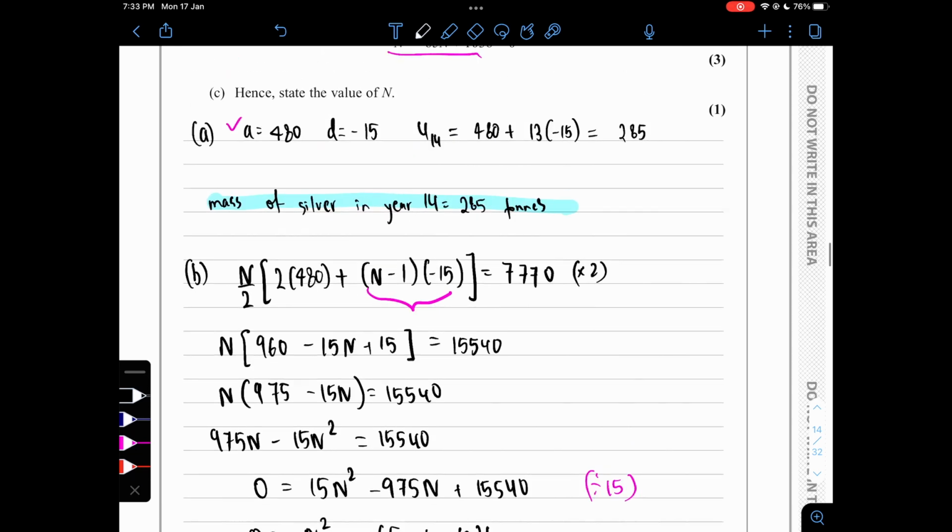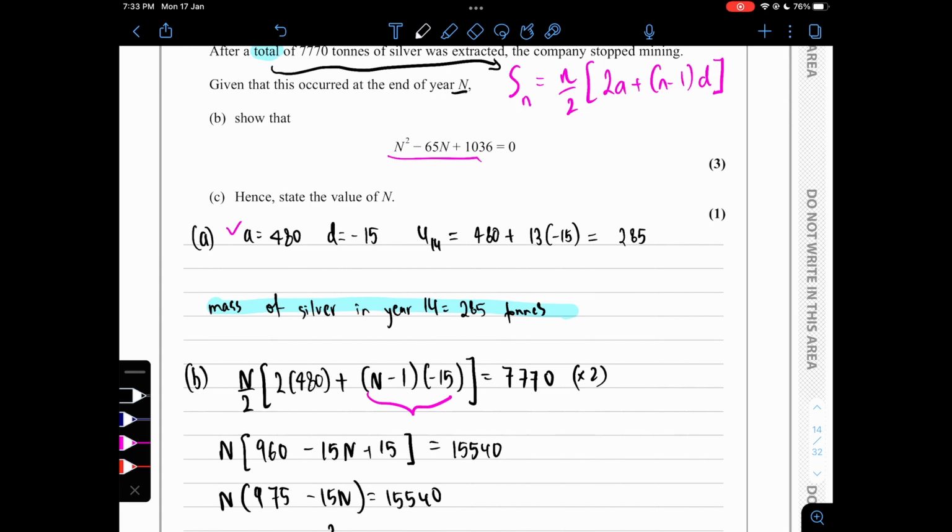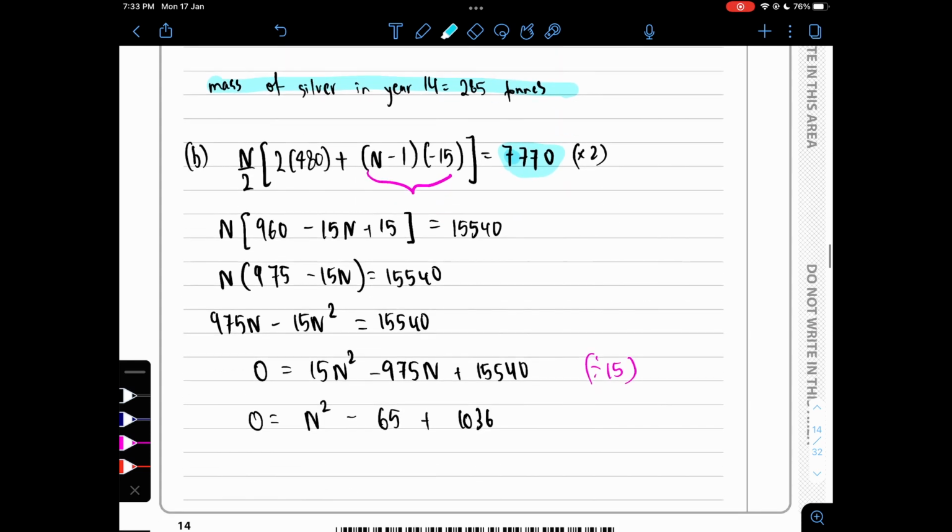So how did we get here? We used the total formula, substituted it, equated it to the total 7,770, and then we reached our equation over here.